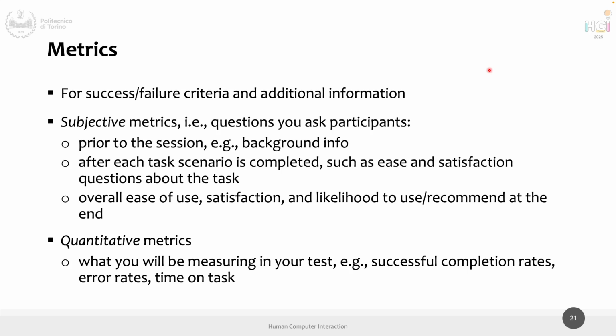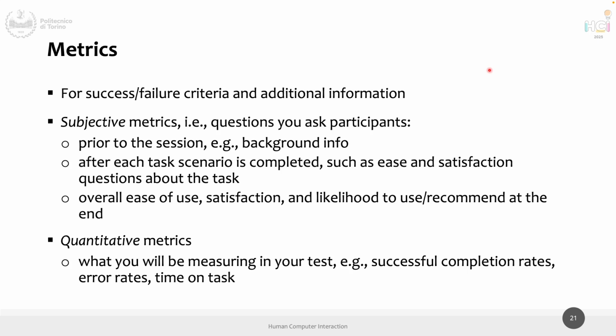You can ask subjective metrics, like questions you ask the participant for background information, age, completed studies, etc. You can ask subjective metrics after each task scenario is completed, such as how easy the task was, or how satisfactory it was, etc. And you can also ask about the overall ease of use, satisfaction, and likelihood to use and recommend the same application to others. And these are subjective because it's an opinion, in a way, of people. How I found the task. It's my opinion, it's my perception of it.